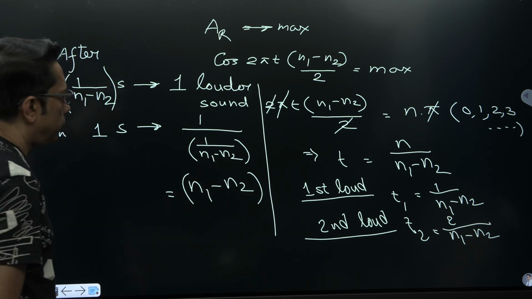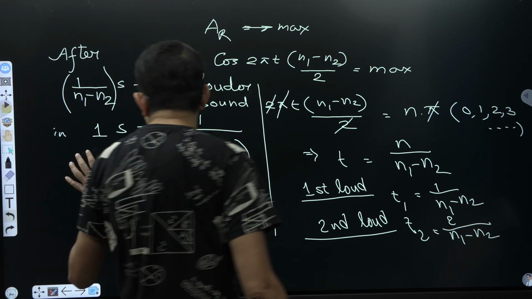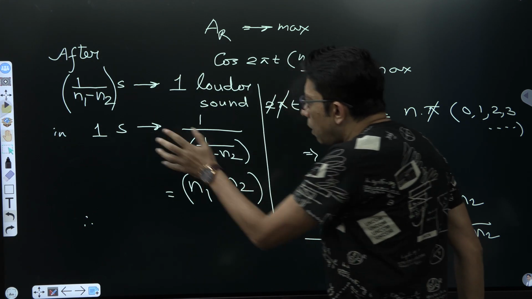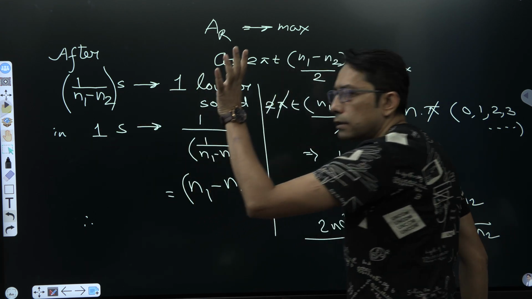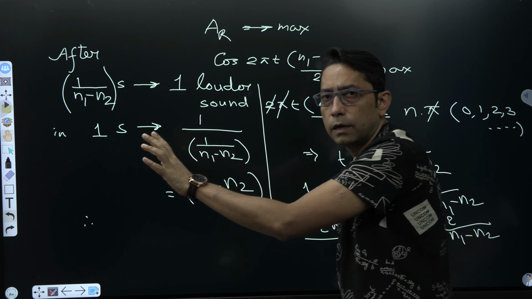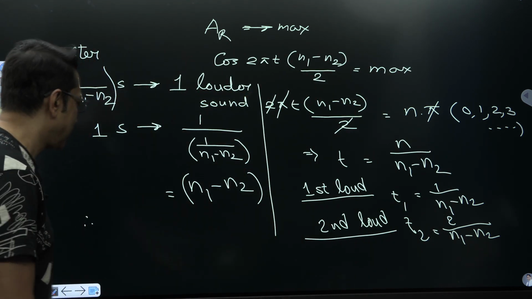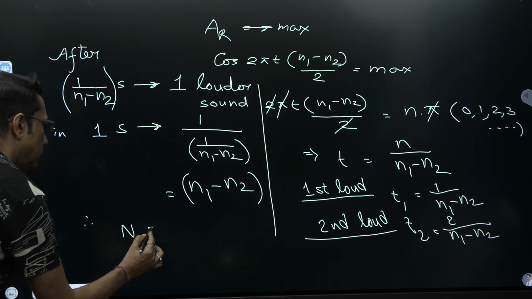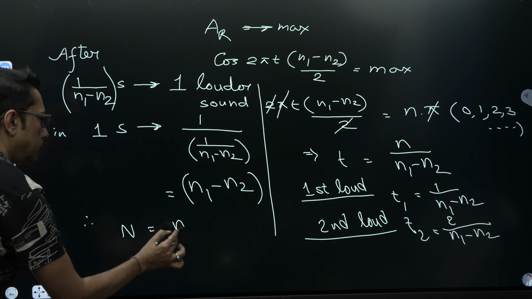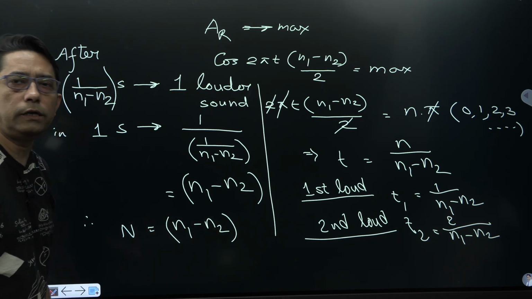We got the proof. Therefore, what is the term which says the number of louder sounds produced in a second? That term is the number of beats, written by capital N. So the number of beats per second, capital N, is n1 minus n2. We are considering n1 greater here, so n1 minus n2.